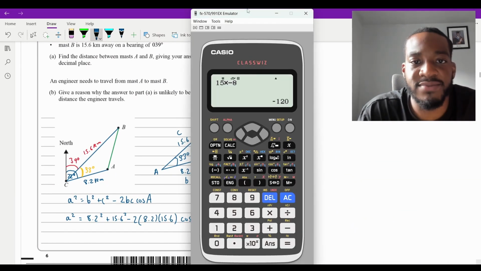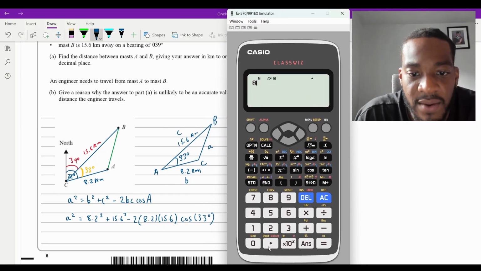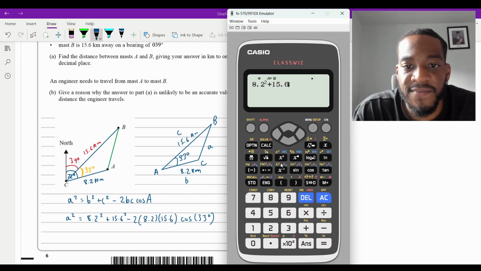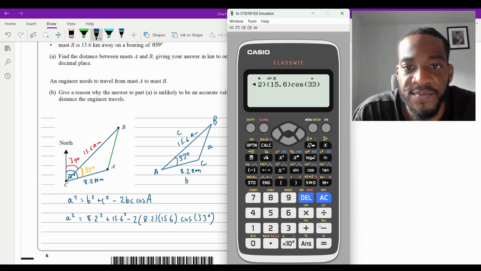It's going to be 8.2 squared plus 15.6 squared minus two lots of 8.2 and 15.6 cosine of 33. Make sure my calculator is in degrees. It is. Let me just check. 8.2, 15.6. Yeah, that's fine. Minus 2. That's okay.